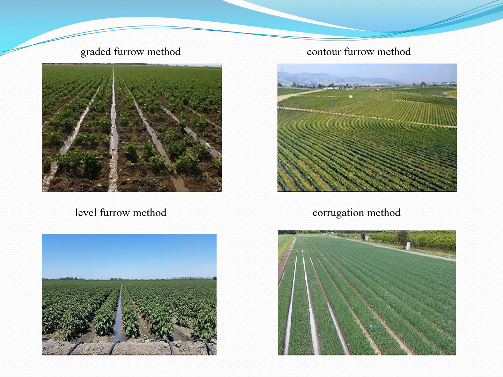So the second type is the graded furrow method. These are also small irrigation channels in a straight line, parallel to the field boundary.